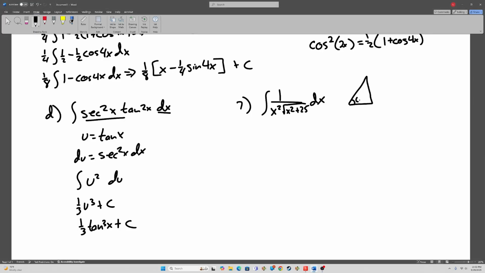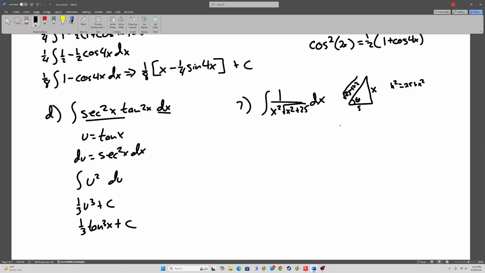If this is theta, this side's 5, this side is x, then the hypotenuse squared is equal to 25 plus x squared. So this side is the square root of 25 plus x squared.